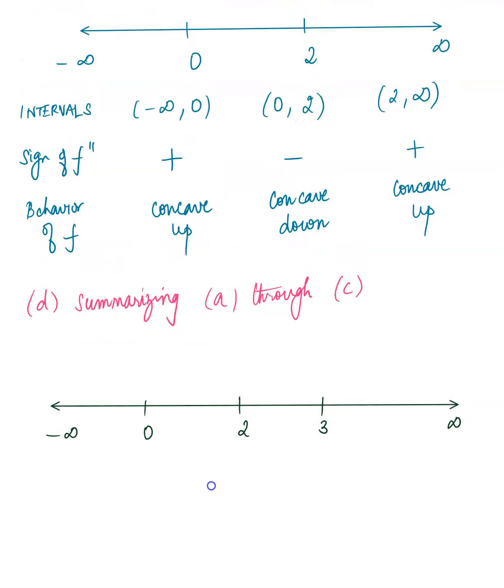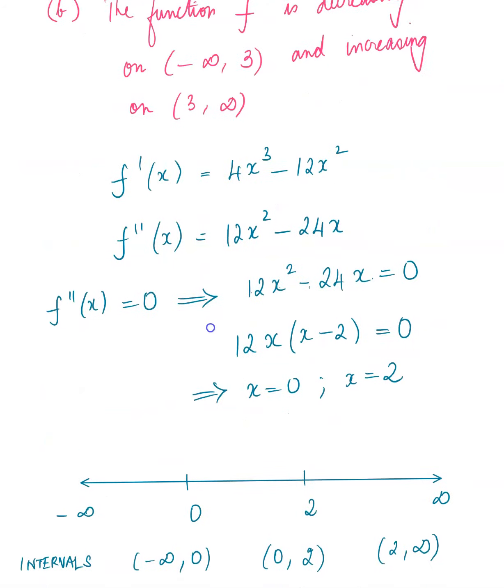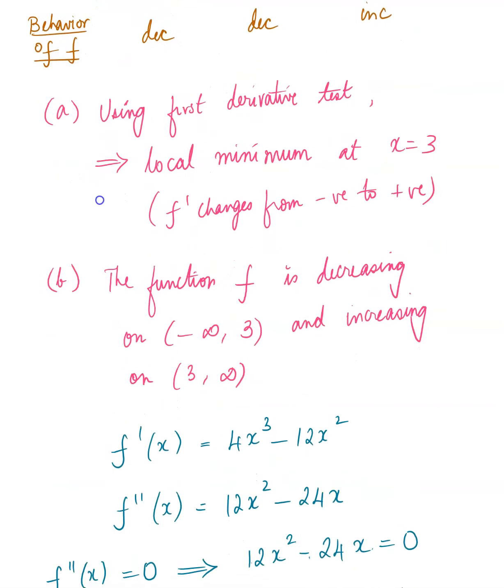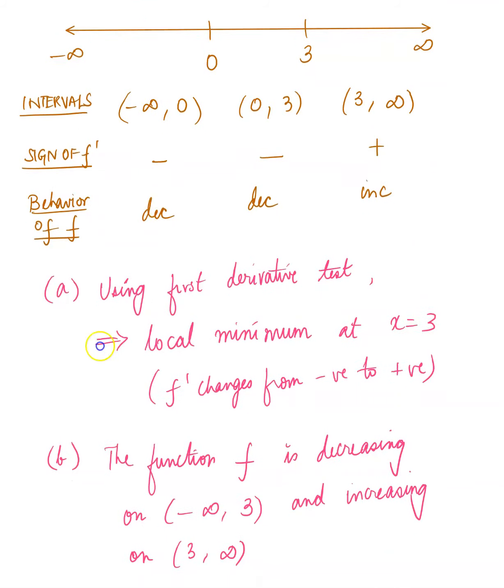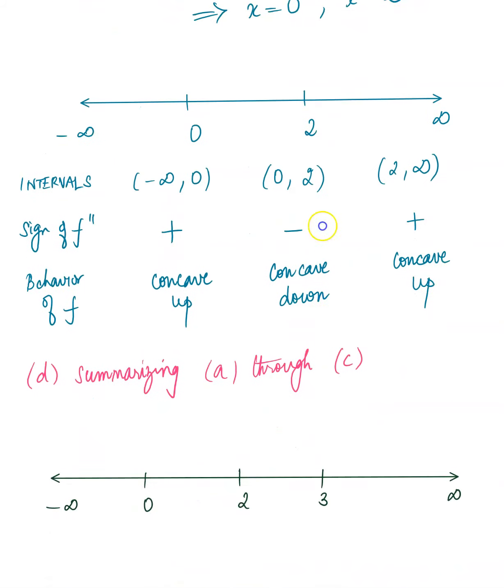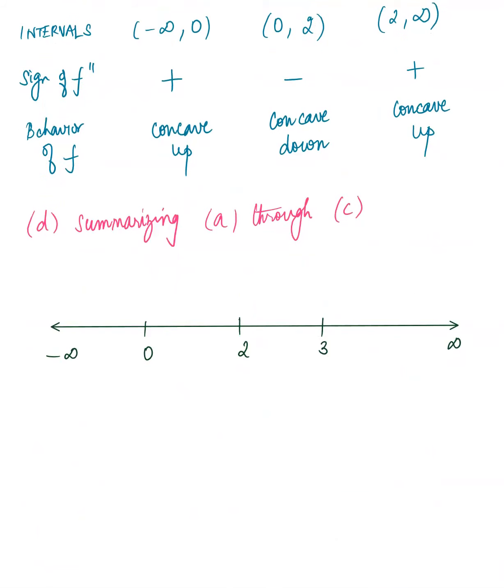Okay, so negative infinity to 0. Here it's concave up. Negative infinity to 0 was decreasing and concave up. So I'm going to compile all these details here.